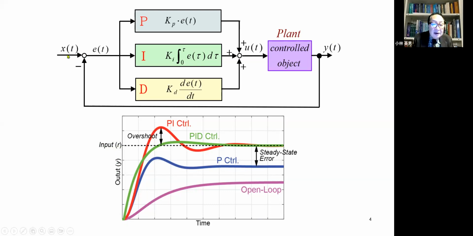This is the same as X(t) here. With P control only, we control like this blue one. So we always have, in this case, steady state error.